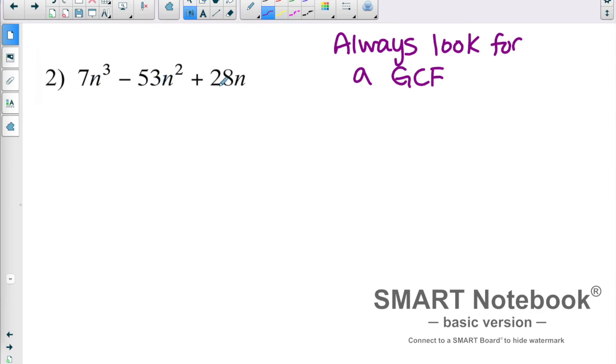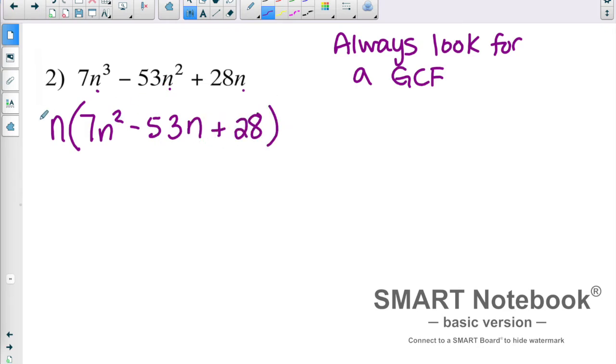So 7's not a GCF, but if you notice that all of them have an n, then n is a GCF. So we're factoring out that n from each term just like we did in the GCF video. And we're going to continue factoring this quadratic expression.